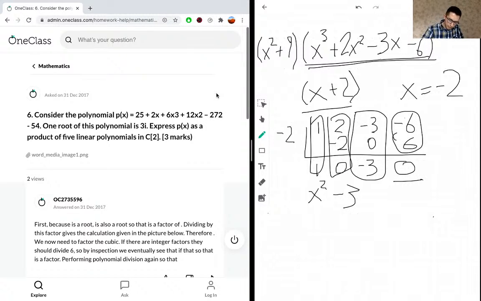So far, when we factored our equation, we have x squared plus 9, we have x plus 2, and we also have x squared minus 3, which is what we solved for just now.